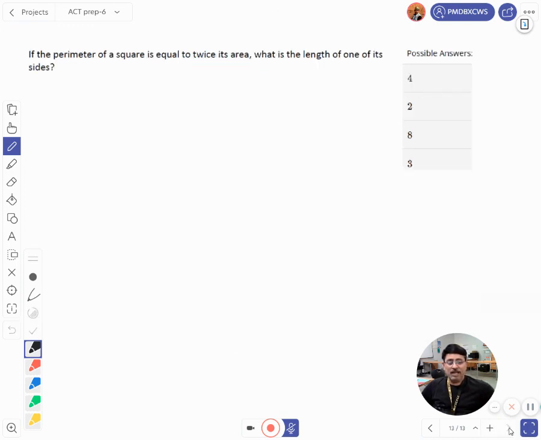Really quick, the last one. The perimeter of a square is equal to twice its area. Oops, so let me write this one. Perimeter of a square is equal to 2 times area.